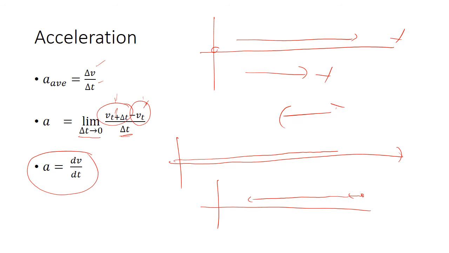That means the acceleration is negative. It means you're speeding up in the negative direction. So negative acceleration does not always mean slowing down. Negative acceleration could be speeding up in the negative direction, and in that case, a positive acceleration would be slowing down in the negative direction. So you have to keep track of sign here.